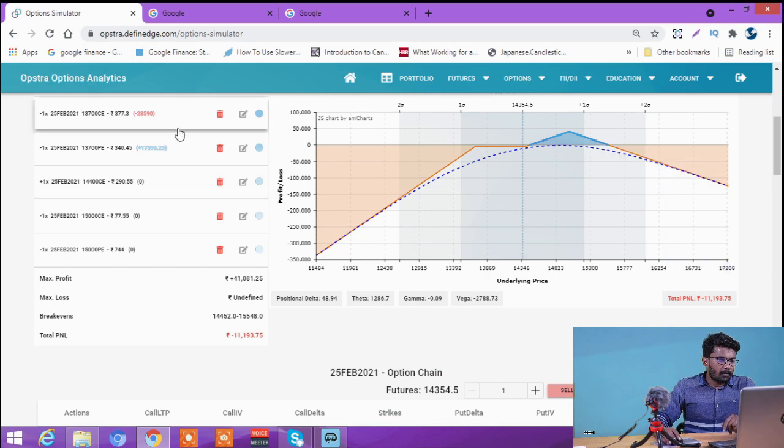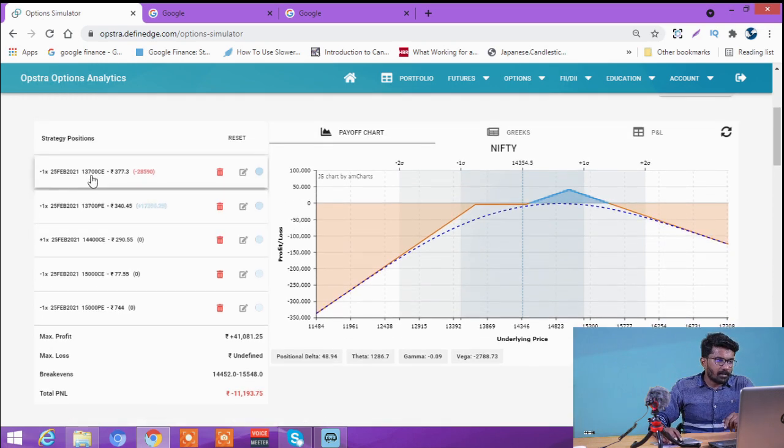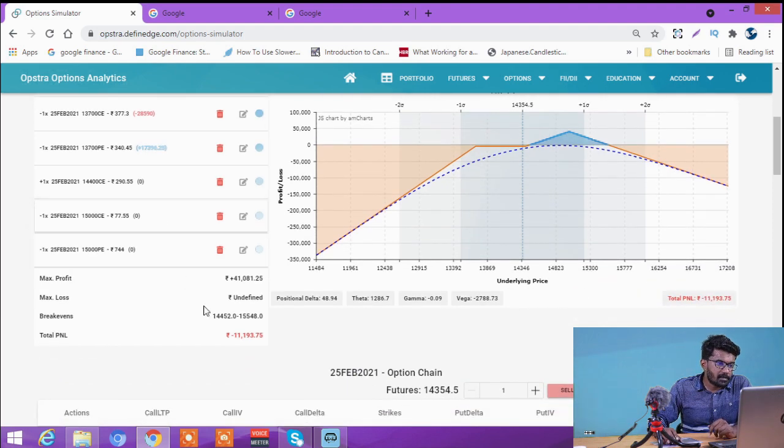You have your original straddle, where the 13,700 call is in a loss of around 28,500, and your 13,700 put, which you sold for 340, is in a profit of 17,300 at the time of adjustment. So your total loss is 11,100.